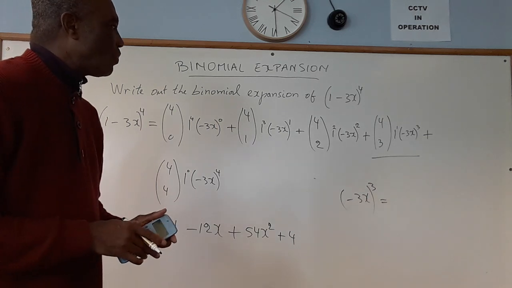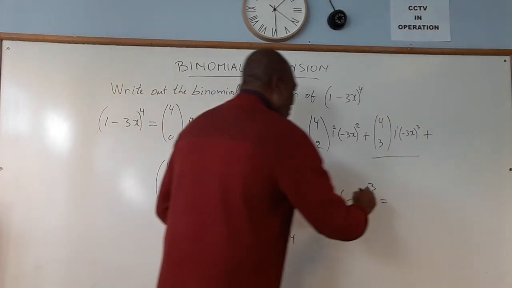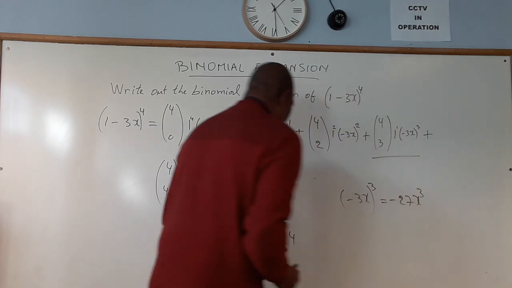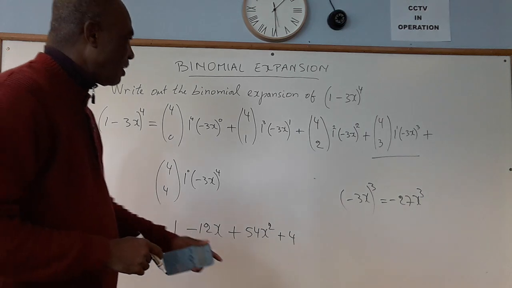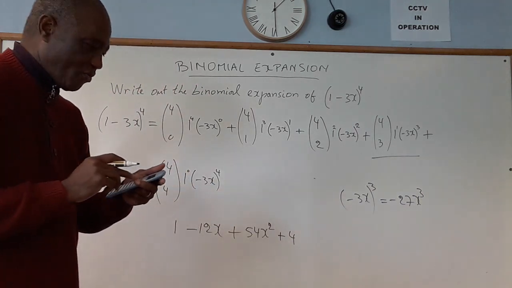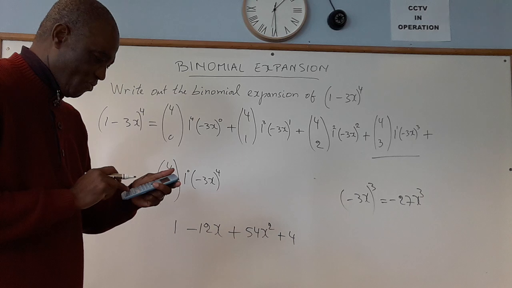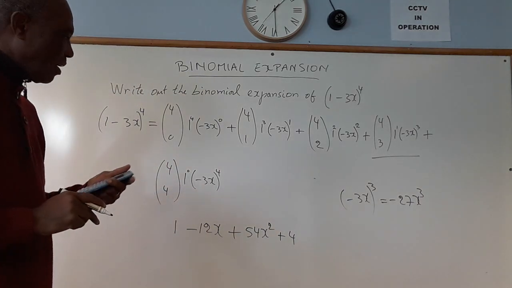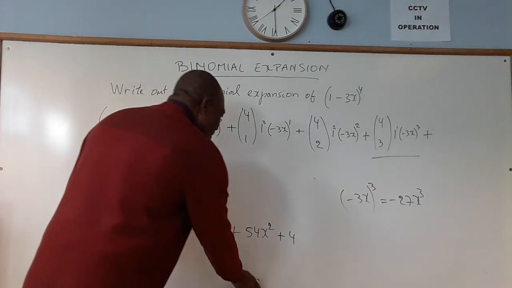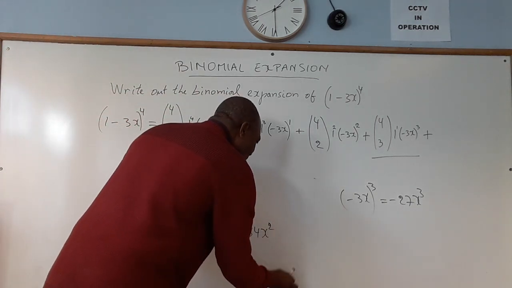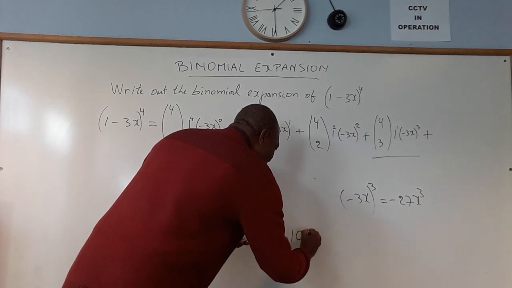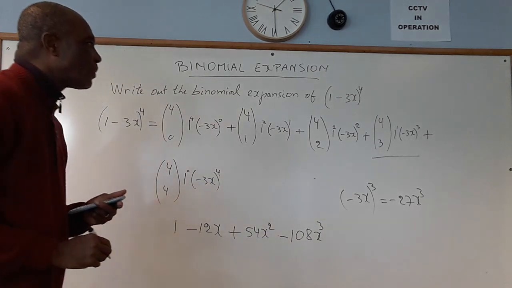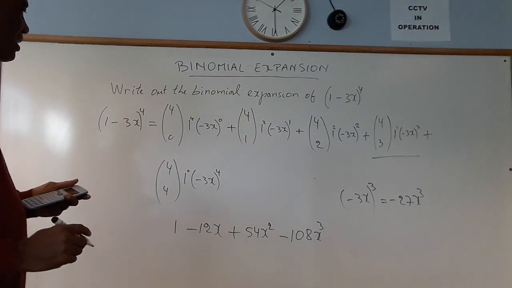So what we are going to get here is minus 27x cubed multiplied by 4. I get minus 108x cubed.